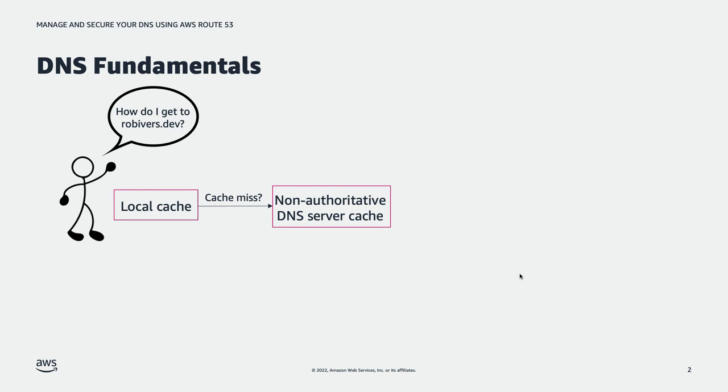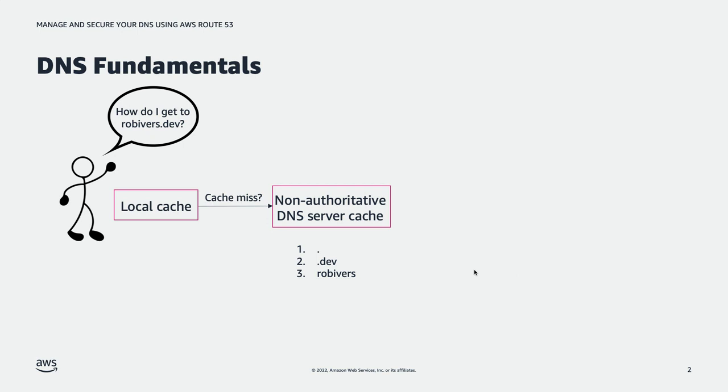Usually it's something your provider gives you, or maybe Google's, which is 8.8.8.8, a commonly used one. But these types of DNS servers are called non-authoritative because they don't have the definite answer. The answer is actually stored somewhere else. They just keep it for a set period of time, which is what the cache is used for.